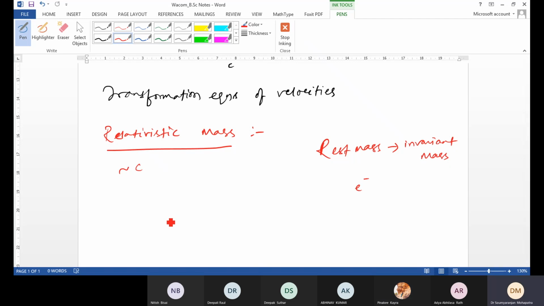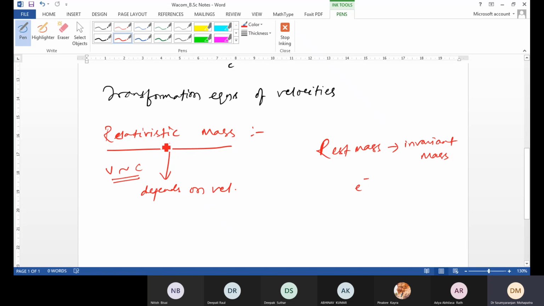That means rest mass is the invariant mass which is the same for all observers in all reference frames, while relativistic mass is dependent on velocity. So remember, it depends on velocity. If the velocity keeps increasing and becomes close to the speed of light, only then does relativistic mass come into the picture.